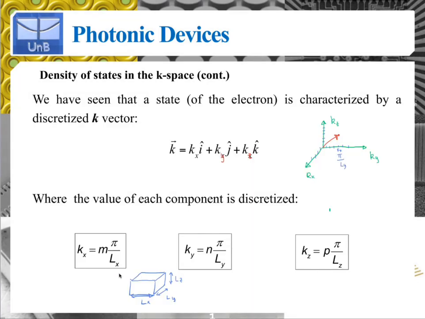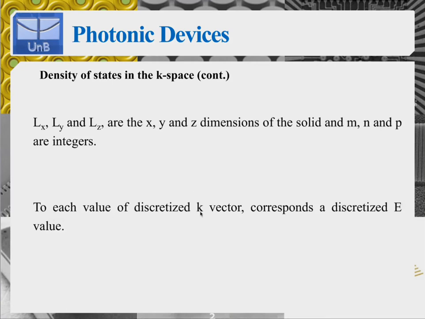In these expressions, m, n, and p are integers, so that the points along each direction are spaced by pi over the dimension. Also, to each value of discretized k vector corresponds an also discretized energy value.